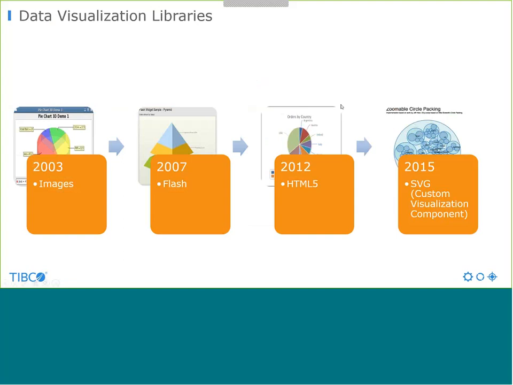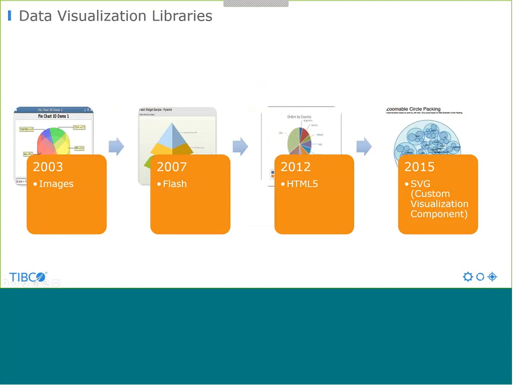So initially in 2003, although it looks like an 80s chart, we weren't that far away from this kind of report, where the pie chart looks a bit 80s. For some reason, I always associate it with the 80s, but it's actually only 2003 we had this kind of chart. Looks a bit bland, and then we moved on to the kind of Flash type of charting, which is still around.